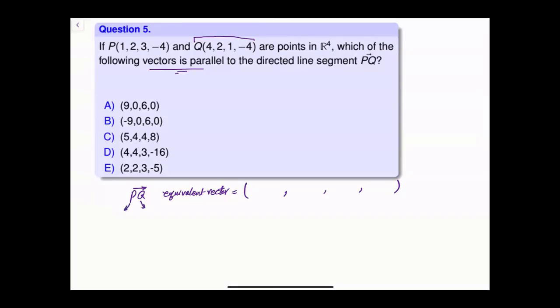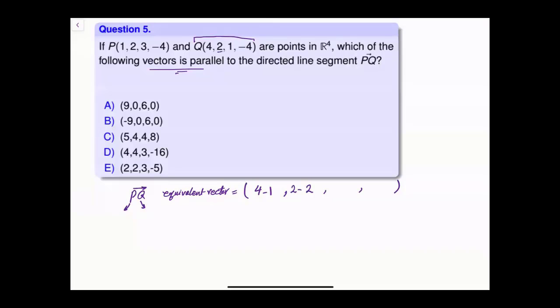First component of the end point minus the first component of the starting point. That will be the first component of the equivalent vector. The second component of the end point minus the second component of the starting point.